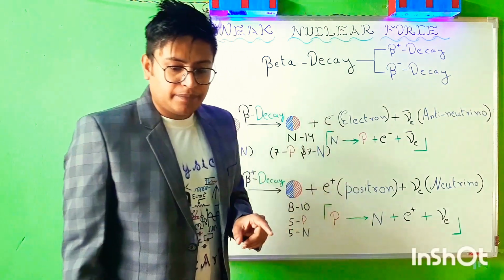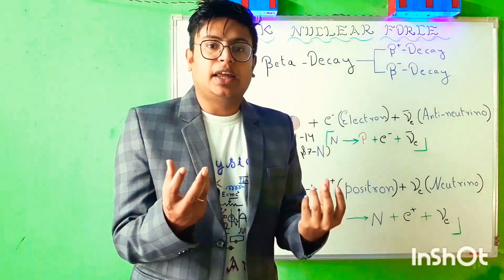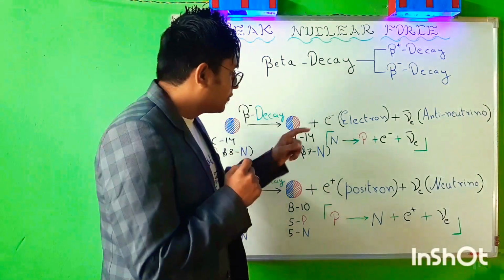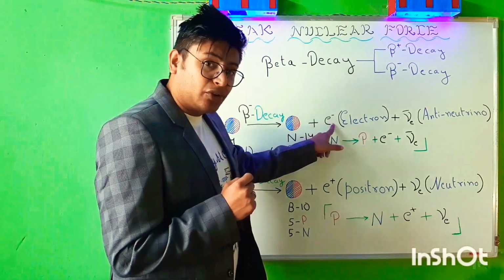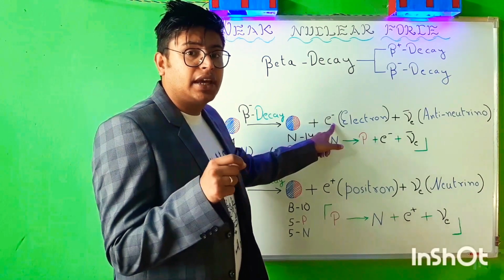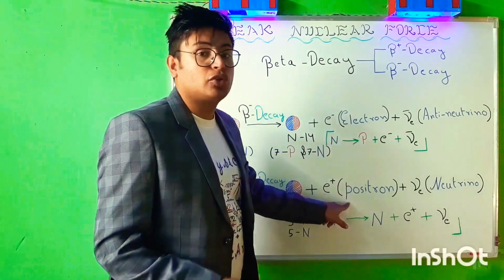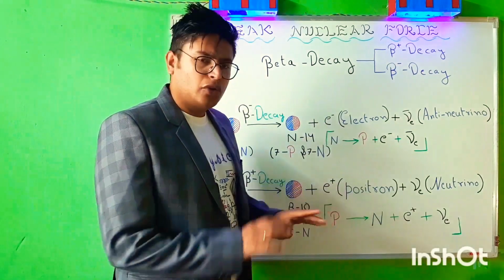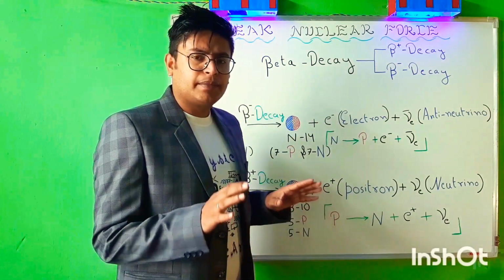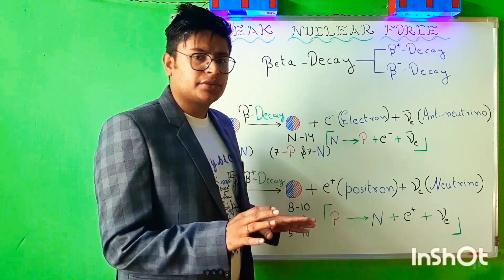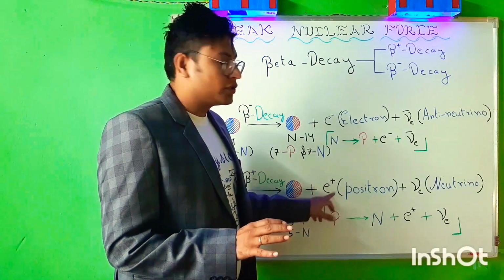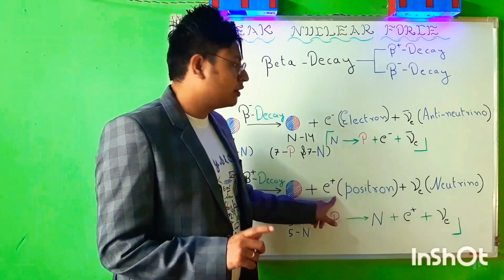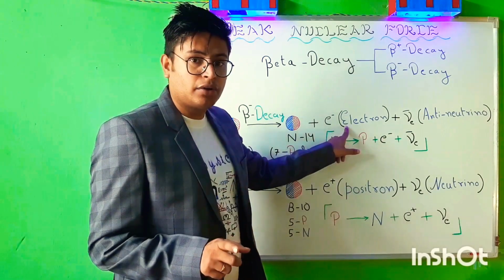As I said, every matter has its antimatter. In the same way, an electron also has its antimatter, that is a positron. Everything is the same except the charges. A positron is positive, an electron is negative. This positron is the antimatter of the electron.